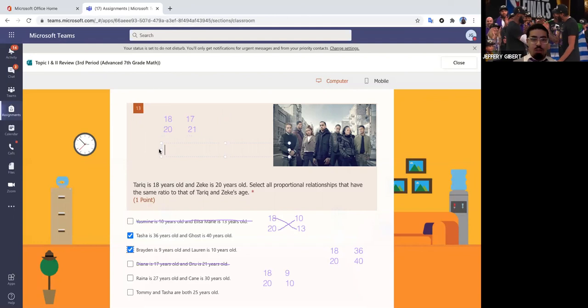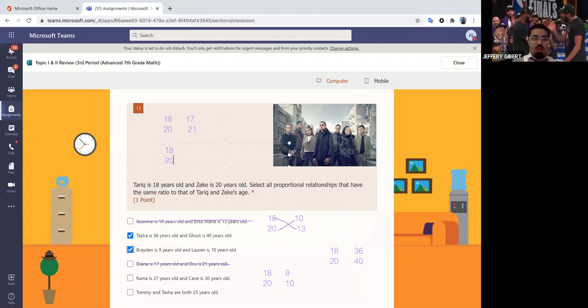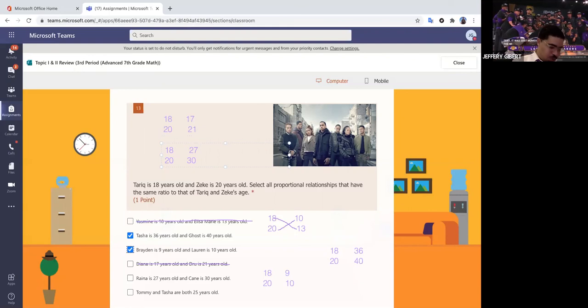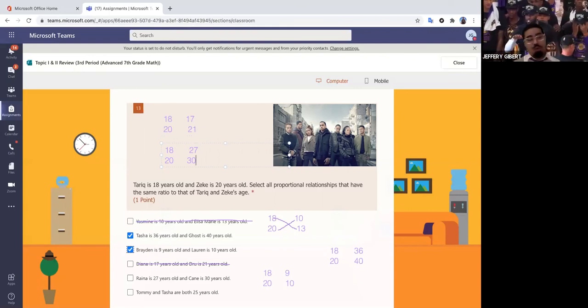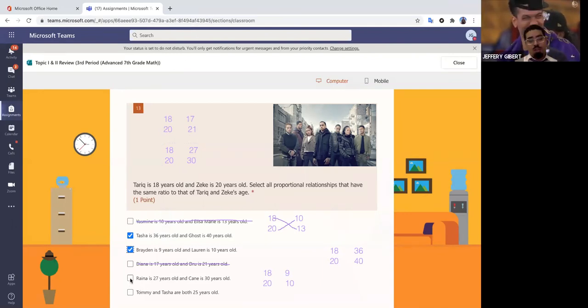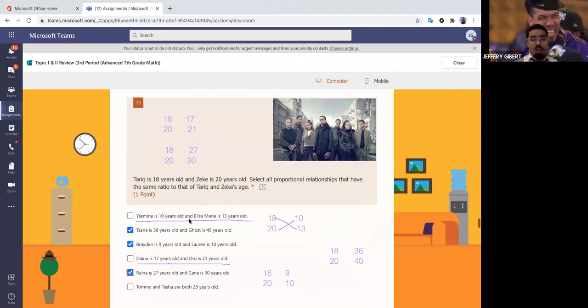Next, we can do 18 over 20 equals 27 over 30. So you do 18 times 30, because you're cross multiplying, that's 540. 20 times 27 is 540. So Khalees, is 540 equal to 540? Yes. This one's correct.